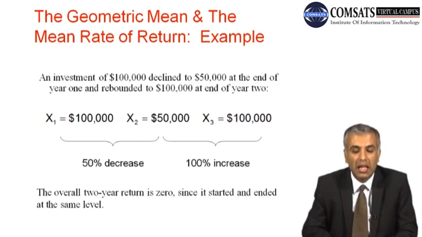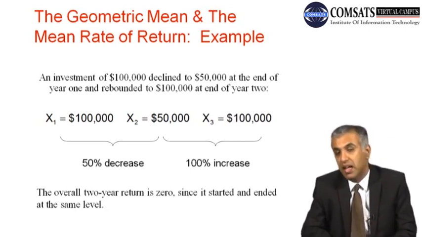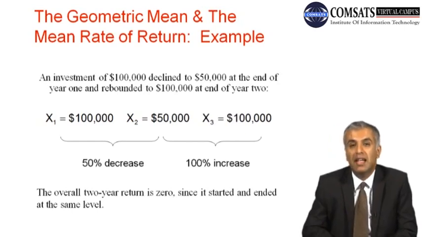So here we are basically dealing with three values. One is the original 100,000, which declined to 50,000, and then it was raised to 100,000 again.